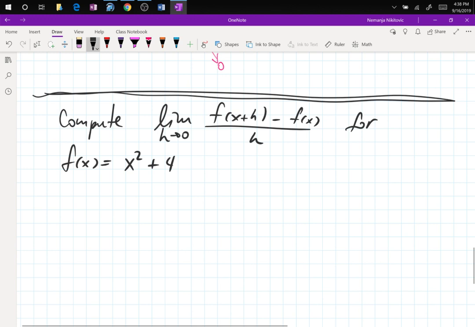So you are given the function. The formula for difference quotient you should know from pre-calc 1, but we'll have to give you more time to get there. So first compute the difference quotient, then put the limit in front of it, and then compute. Let's see.